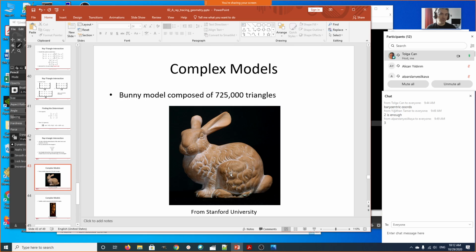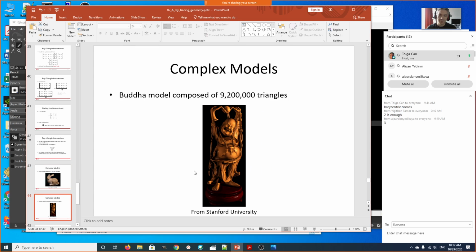But what if you want to change the shininess, the matteness of the surface in different parts? Then you need a material map. You're not going to see that in this course. In this course, we're just going to see how we can vary the diffuse color of the surface. So this is another model, which is composed of 9.2 million triangles.